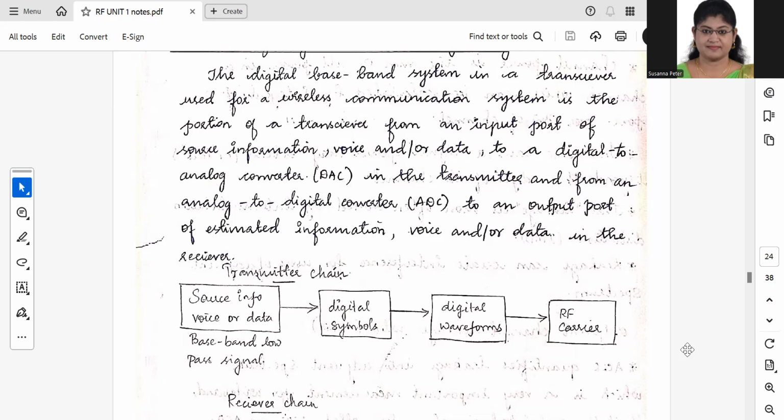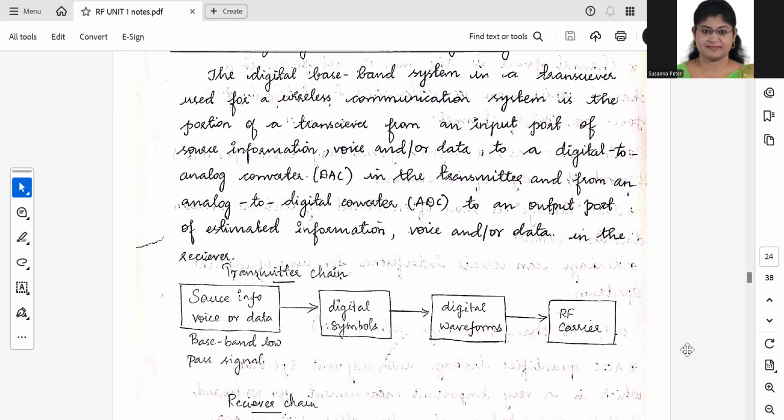Let's move on to the complex envelope of band pass signals. From now on, we'll be looking at the elements of digital baseband signaling. The first element is the complex envelope of band pass signals.